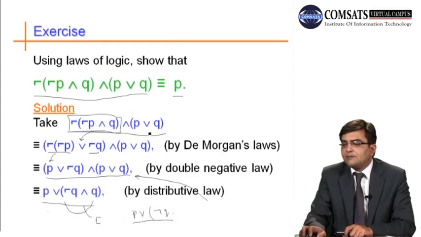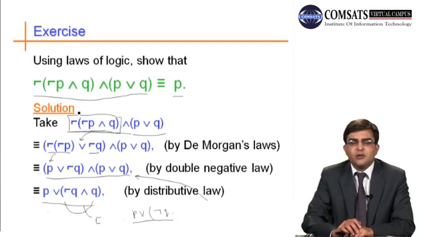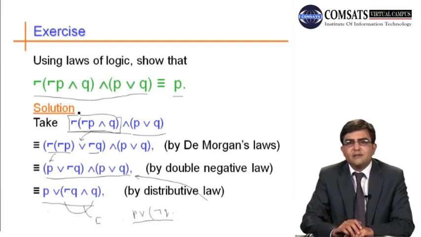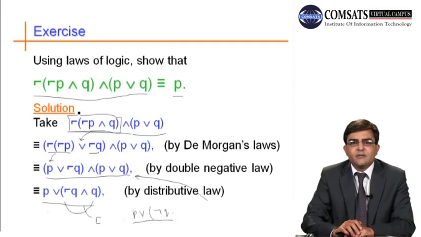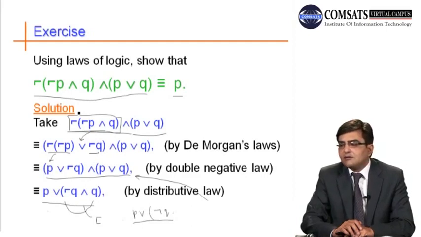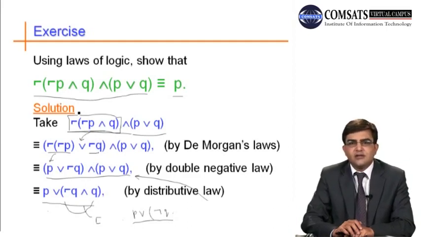So we can prove the logical equivalence of two compound propositions by using two methods. The first method is truth tables, and the second method is the laws of logic.